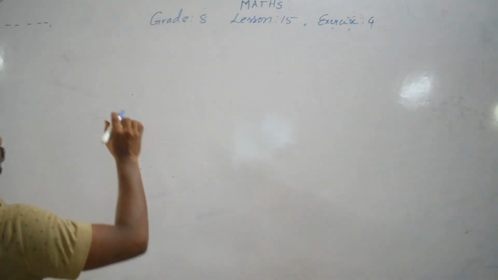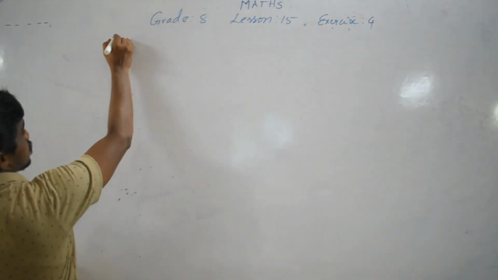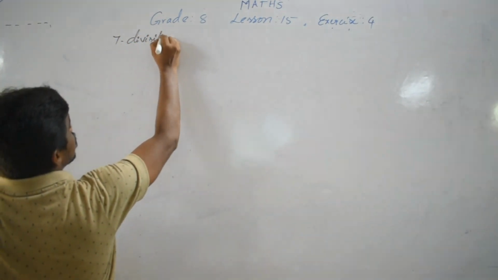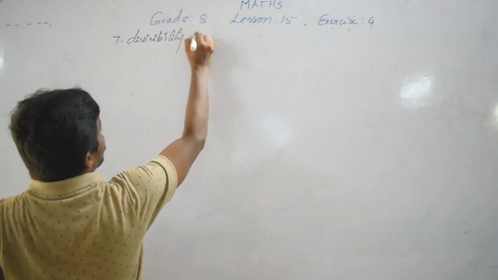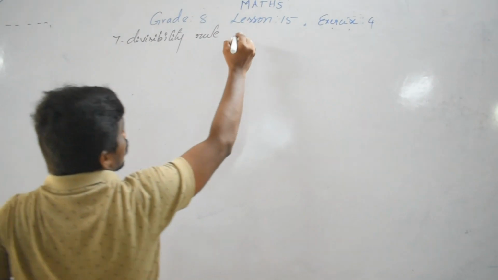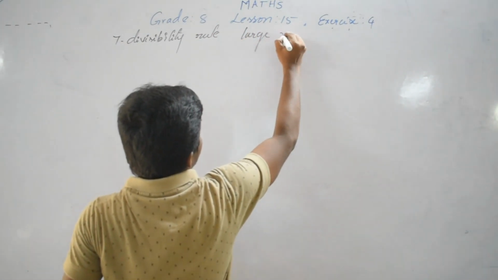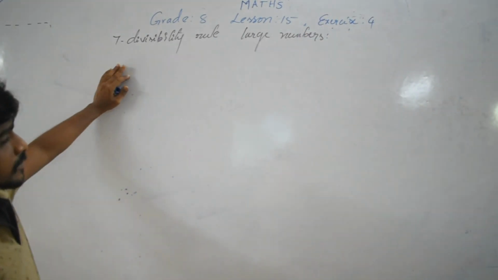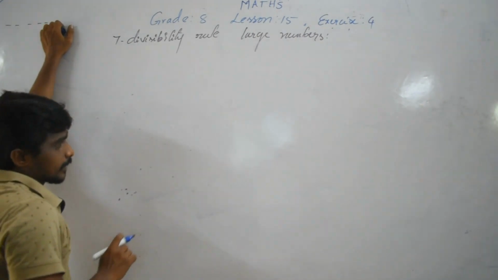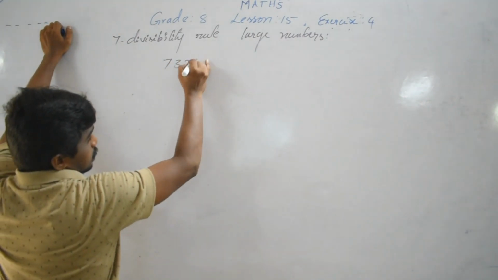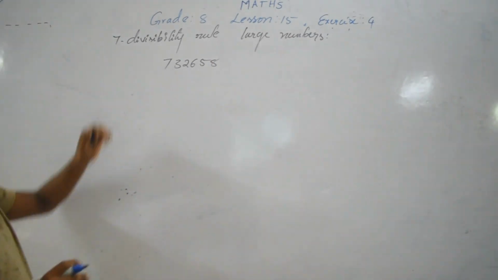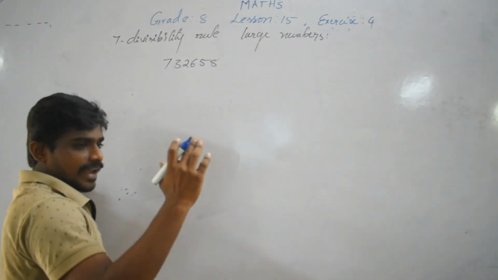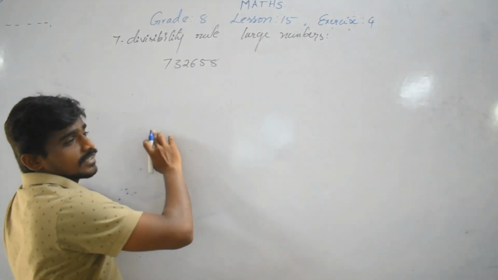The 7 divisibility rule for large numbers. Here one number is given. Starting from the right side, make a group of each 3 digits.